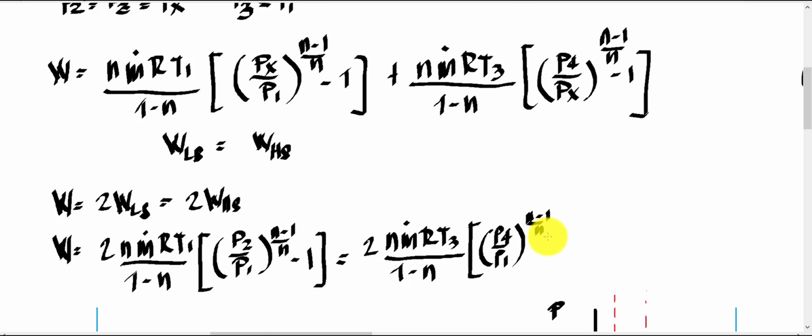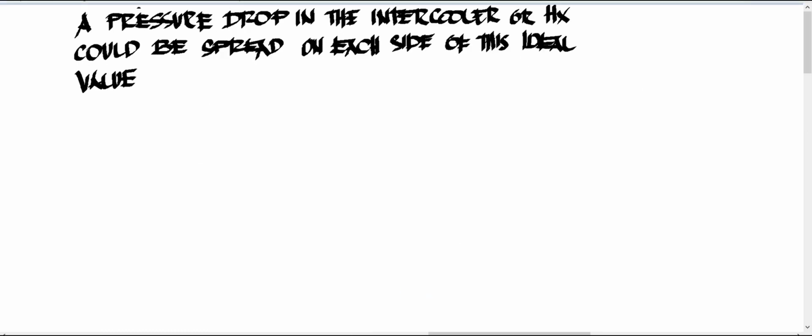Then we have your N minus 1 over N divided by, sorry, this will be 2N, or N, okay, so minus 1. Okay, so we have the work now of the multi-stage compressor.